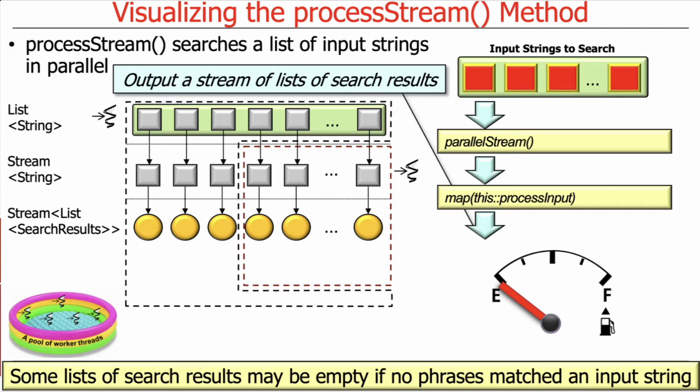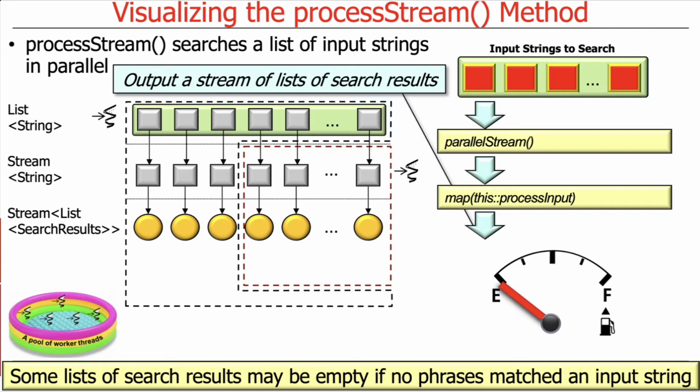So what we get back here will be the list of search results, and some of those lists may be empty if none of the phrases match the input string. Let's say you were only searching for famous Hamlet quotes, but you looked in the entire works of Shakespeare to find those. Obviously, you're not going to find many of those quotes in Macbeth or Julius Caesar or As You Like It, so those lists will be empty.